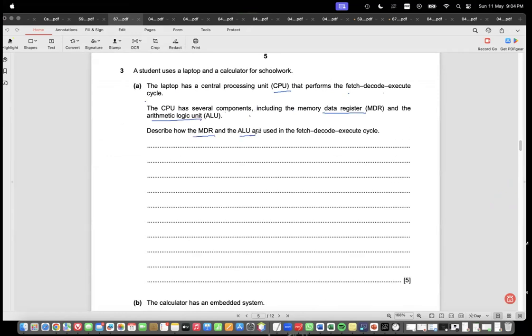How are the MDR and the ALU used in the Fetch-Decode-Execute cycle? I have explained this question already. How we will describe it: data fetched from RAM is stored into the MDR.